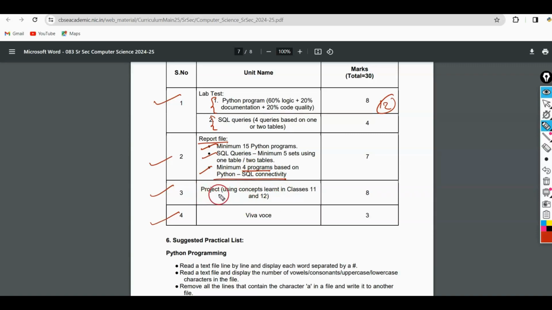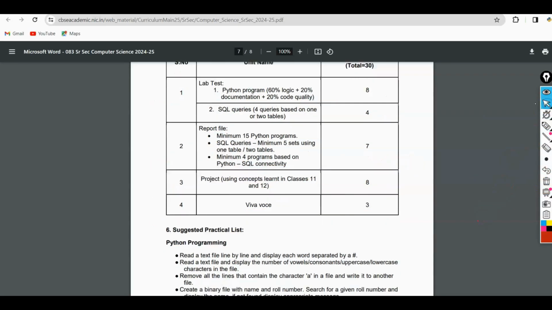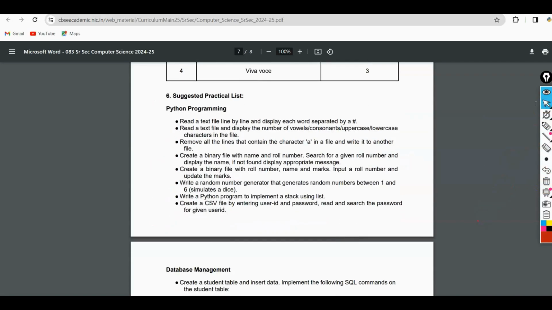The next is your project. You should submit your project using the concepts you have learnt in class 11 and class 12, and your project comprises 8 marks. Then the viva voce carries 3 marks. So it covers up to 30 marks. You have the practical list here, you can slowly read it on your own.